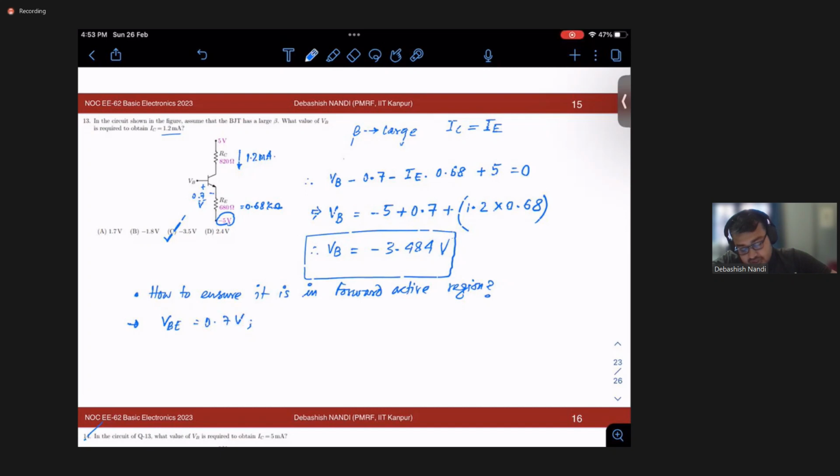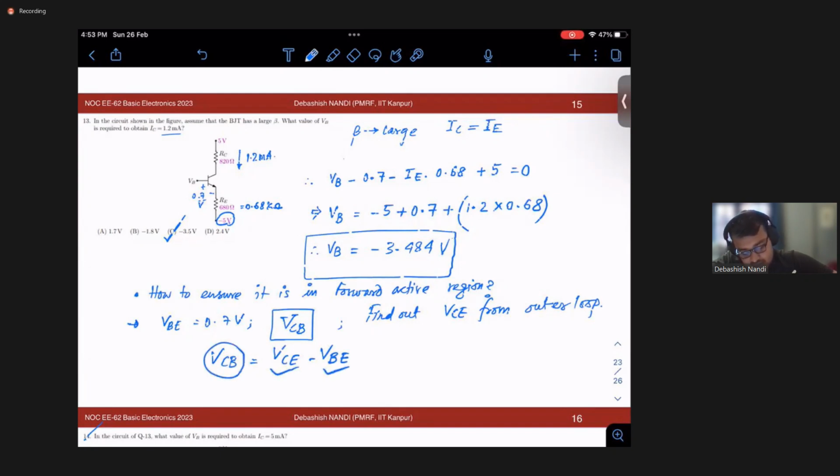You check your VCB. For that, you find out VCE from the outer loop, and you know VCB is nothing but VCE minus VBE. So this needs to be reverse biased.